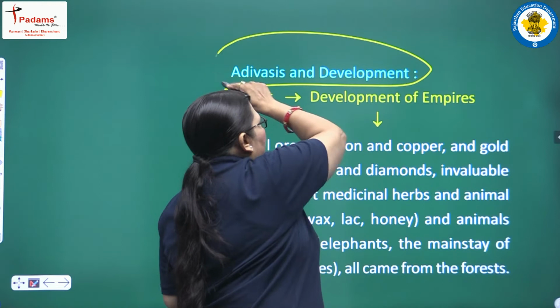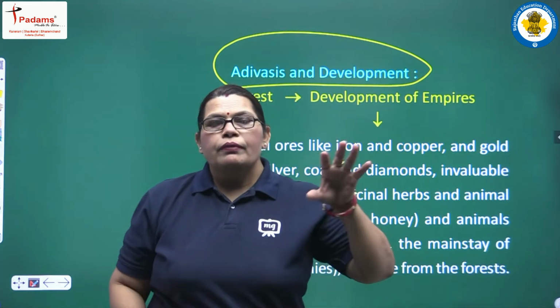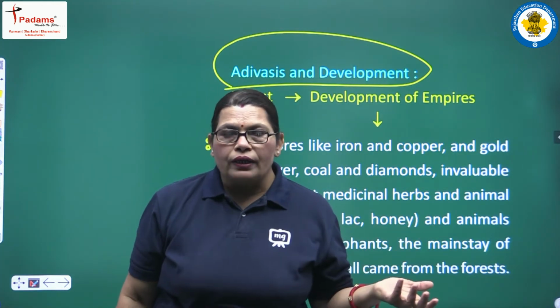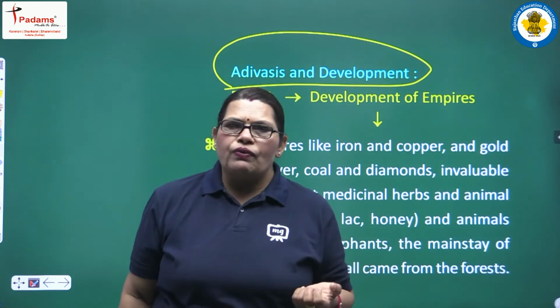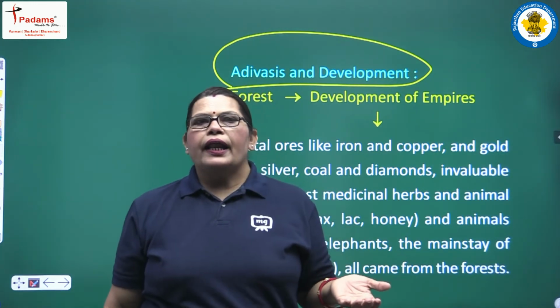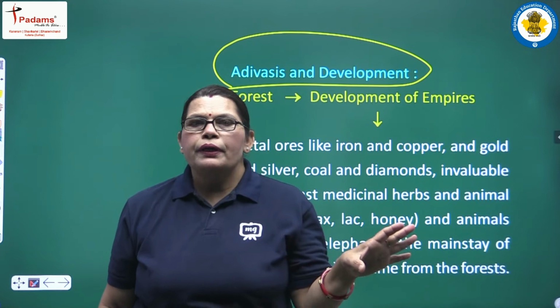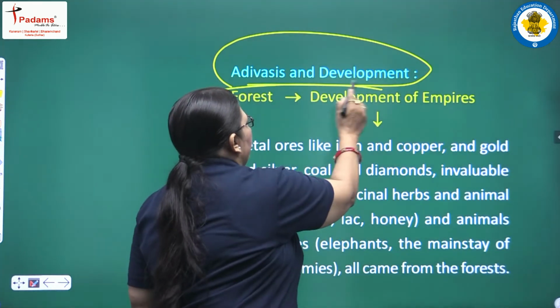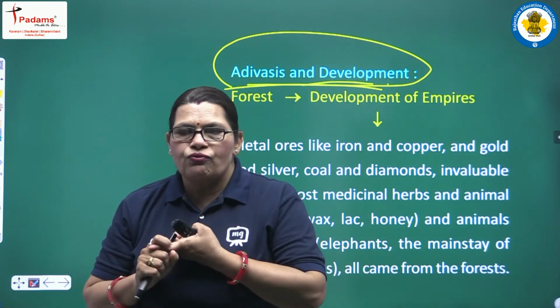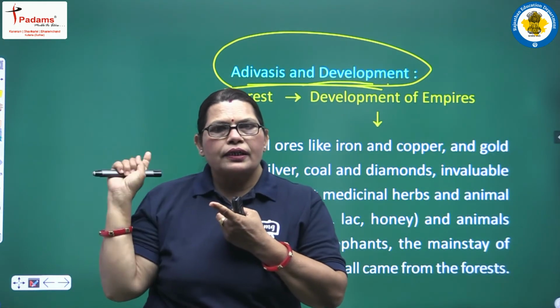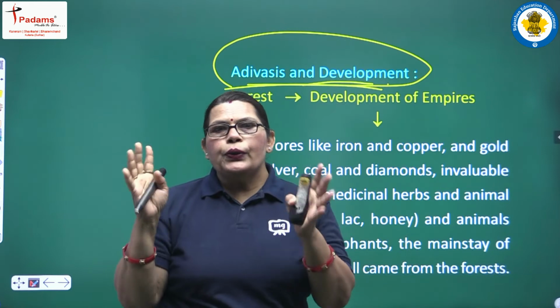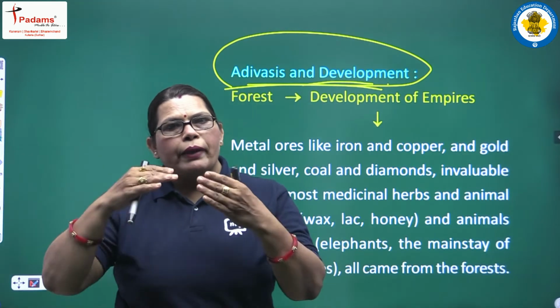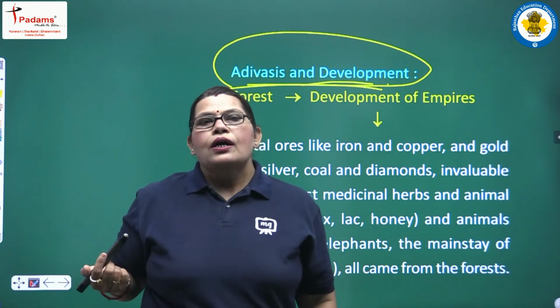So, when we consider them backward, what is the development of Adivasis here? Is there any development? Have they developed, or are they developing? See, Adivasis and development. When we are discussing the forest, again consider the British colonial new forest laws and many laws after independence also.